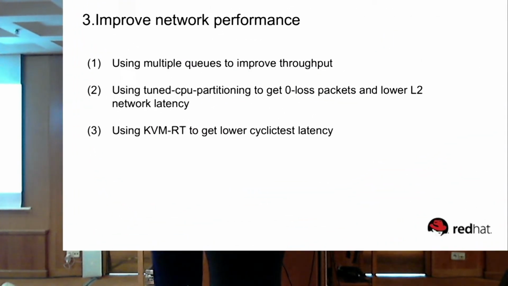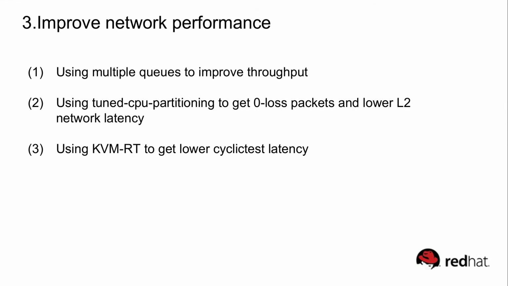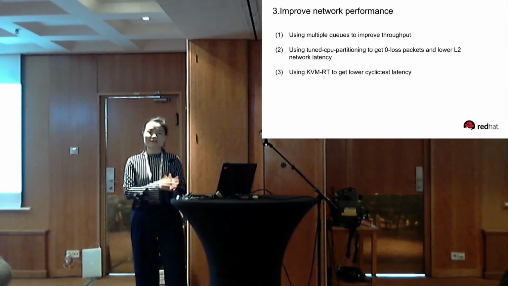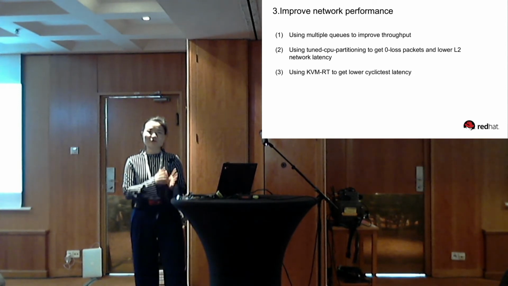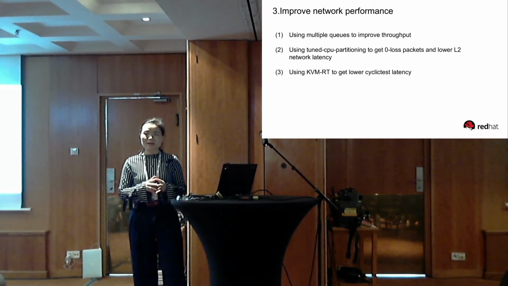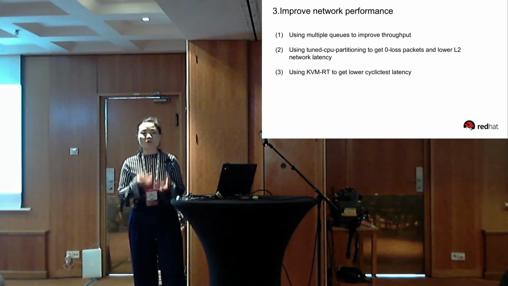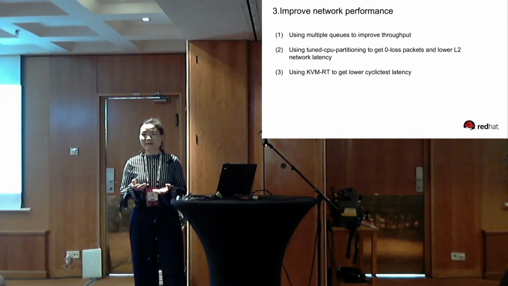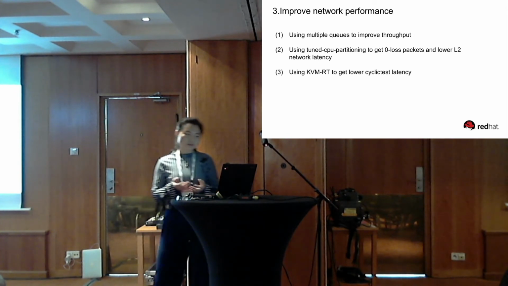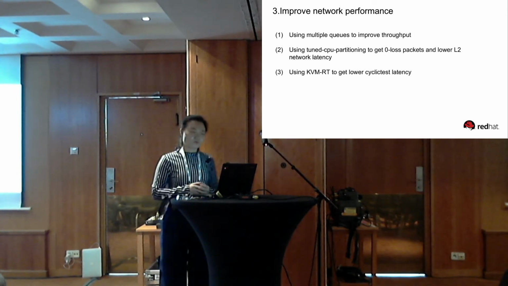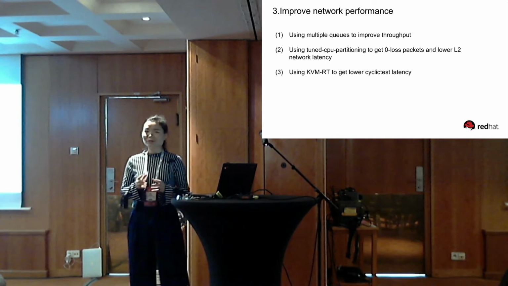So how to improve, that's what I explain in the correct configuration. How to improve the network performance, as some may need higher throughput, some may need lower latency, and some may need 0 packet loss. For higher throughput, we support multiqueue.